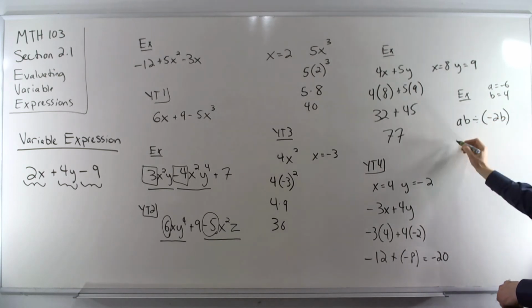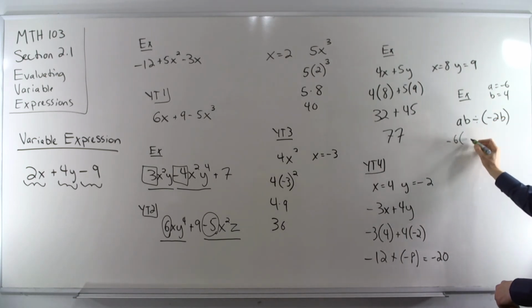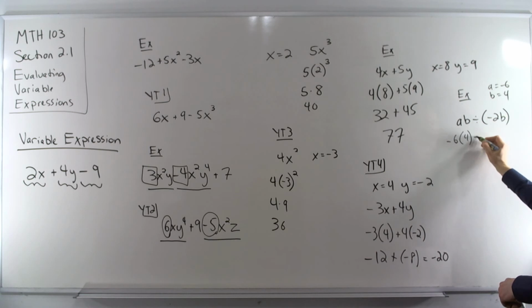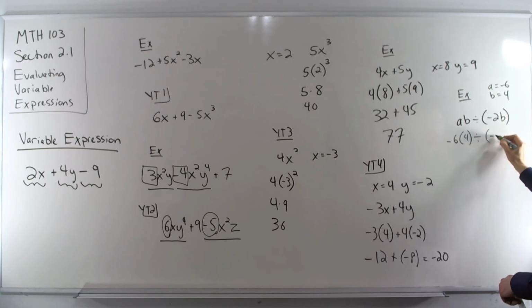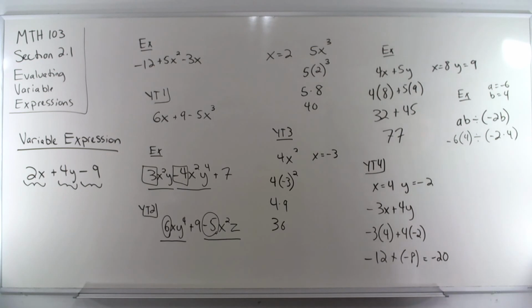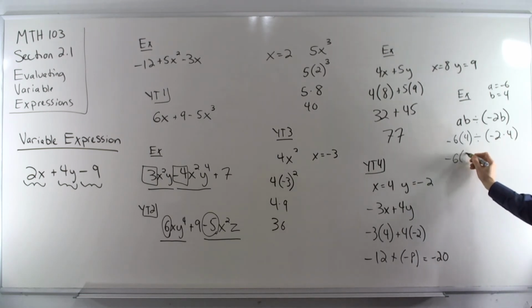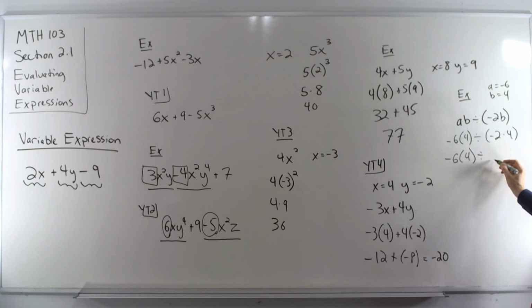Plugging these in, we got -6 times 4 divided by -2 times 4. Order of operations, we're going to start inside the parentheses. So that gives us -6 times 4 divided by -8.